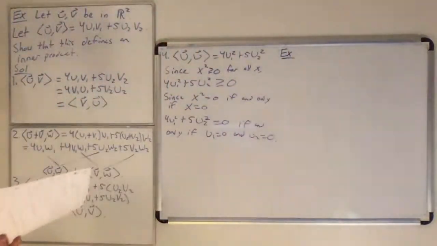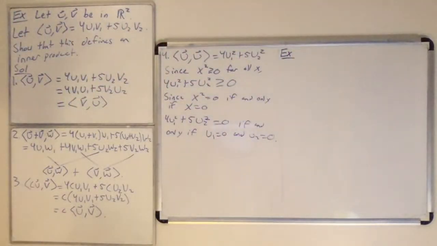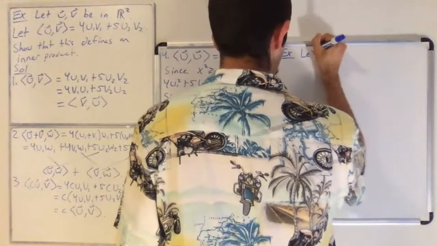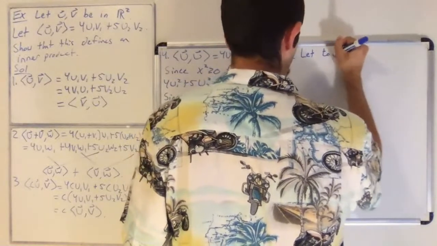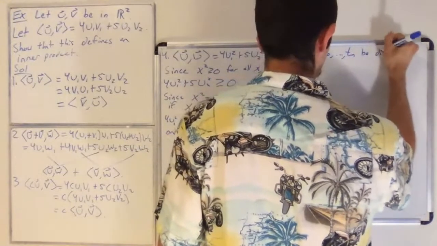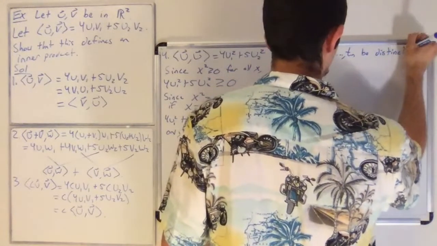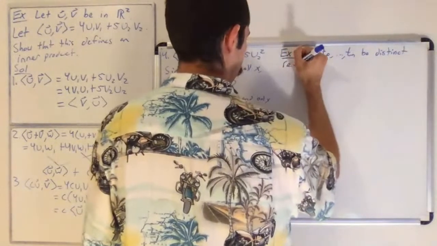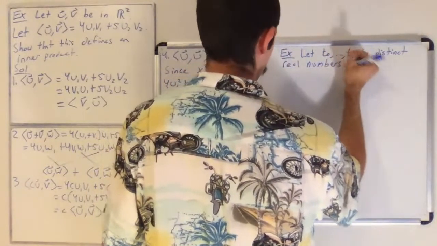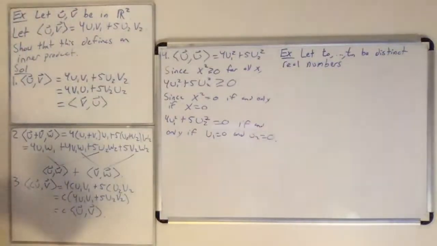So we'll let t0 through tn just be fixed real numbers. And they're distinct. Okay, so no two of them are the same and they're fixed. They're not variables here.